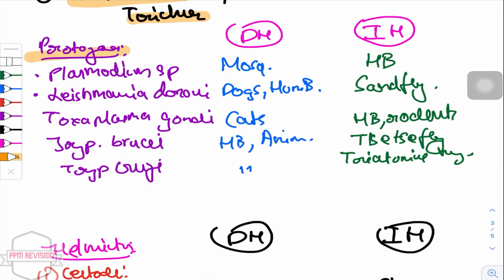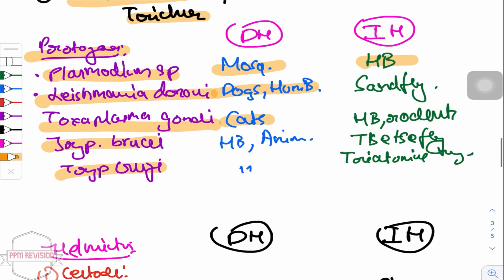Next, we spoke about the protozoans. There's Plasmodium species, Leishmania donovani, Toxoplasma gondii, Trypanosoma brucei, Trypanosoma cruzi. So, Plasmodium species, there's mosquito as the definitive host. Leishmania donovani, dogs and human beings. Toxoplasma gondii, cats. Trypanosoma brucei, human beings and animals. Trypanosoma cruzi, same.